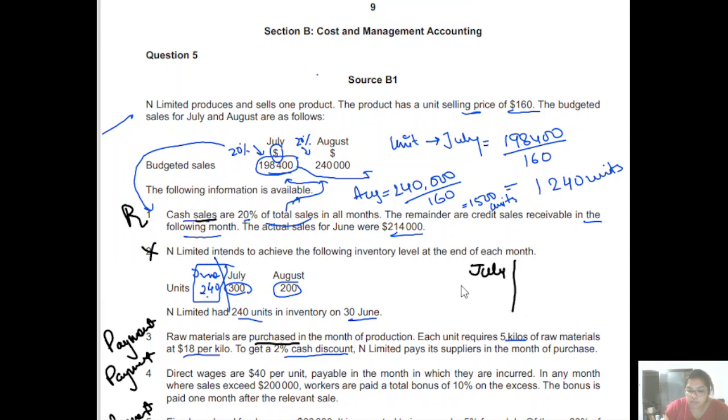If you're talking about July sales, how are you going to find it out?